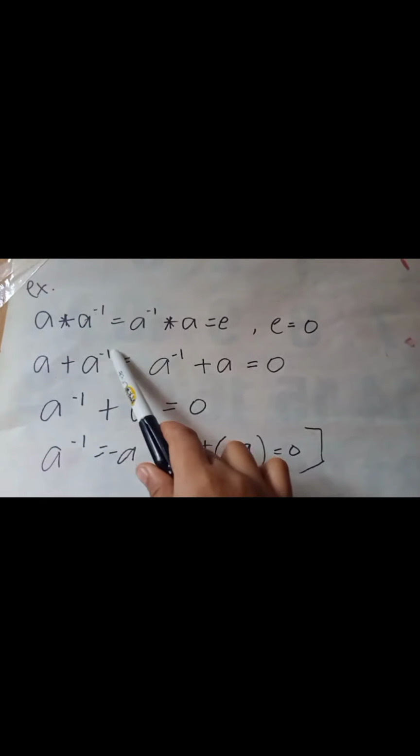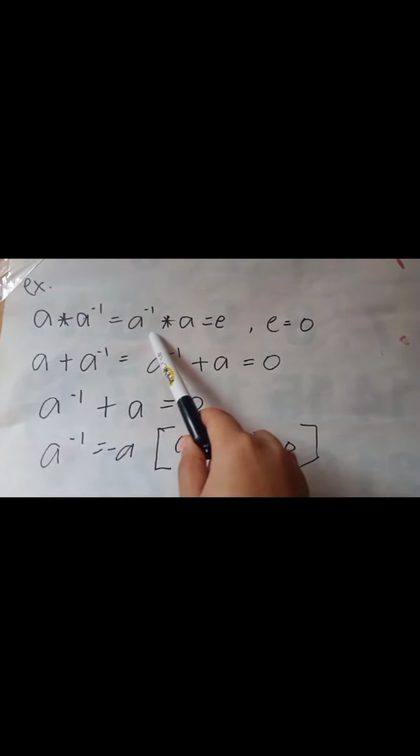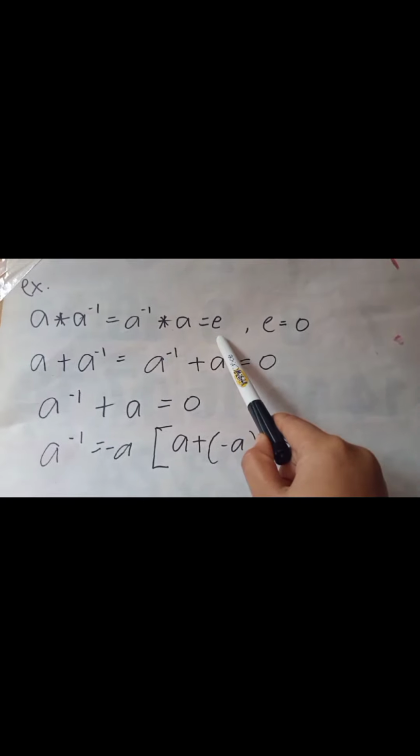A general two-sided inverse element, A inverse, satisfies the property that A star A inverse equals E and A inverse star A equals E, where E is the identity element.